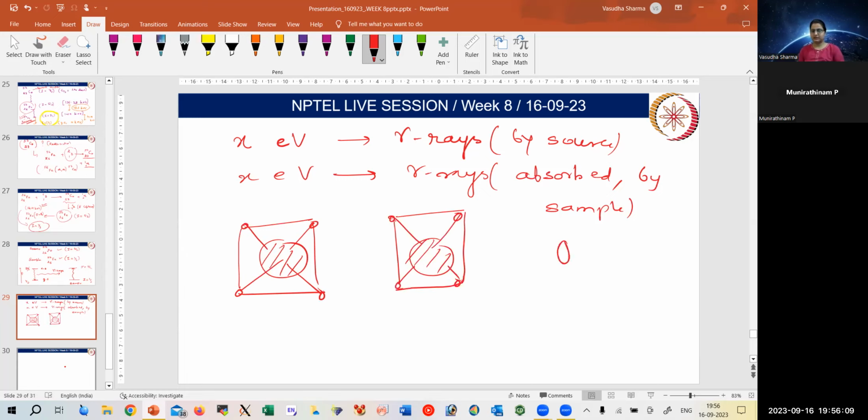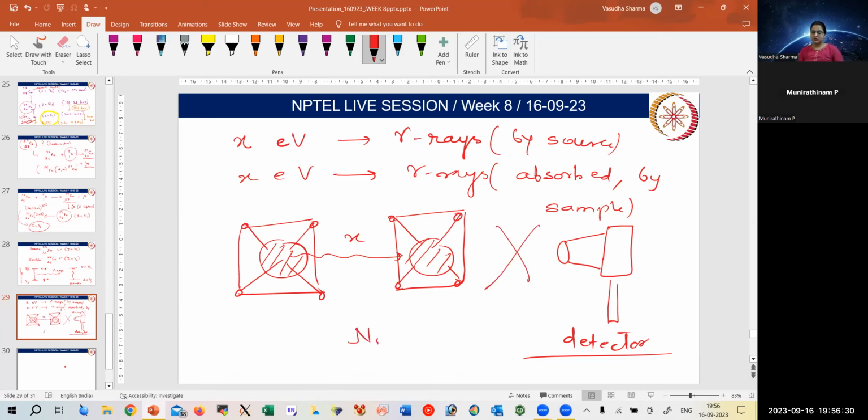And there is a detector. The detector only detects the gamma rays which are being transmitted. So if X amount is being released and X amount is being absorbed, there won't be any gamma rays that could transmit. No transmitted gamma rays, so the detector is not going to detect anything.